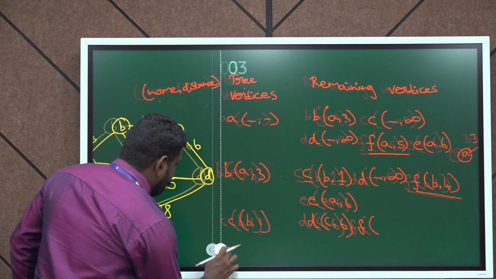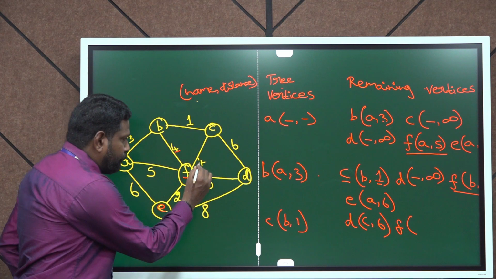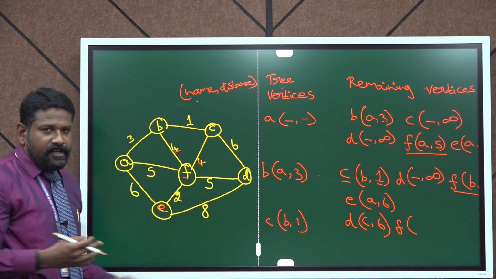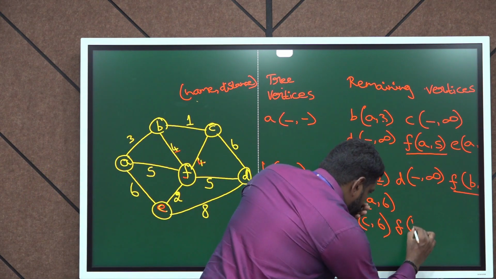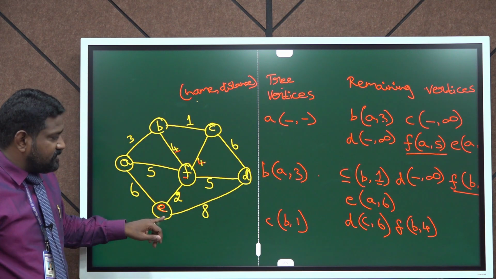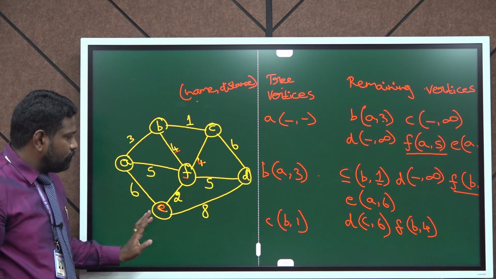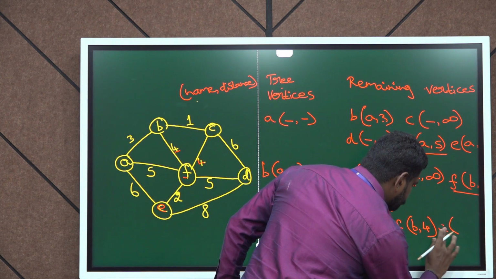For F, from C the weight value is also 4, and from B also the weight value is 4. So we are continuing with the previous value, B comma 4. And the last vertex is E. We do not have an edge from C to E, so we are continuing with the previous vertex value.